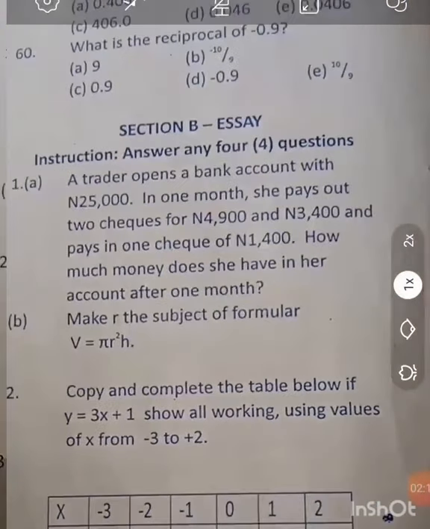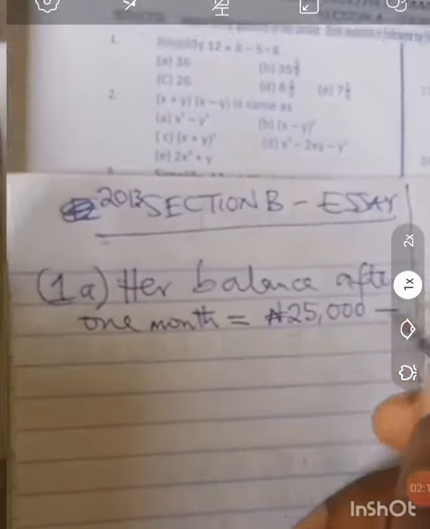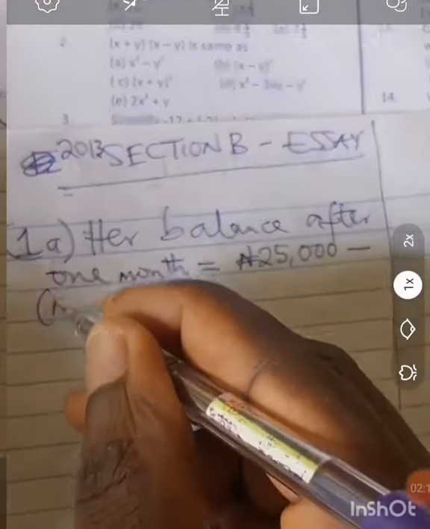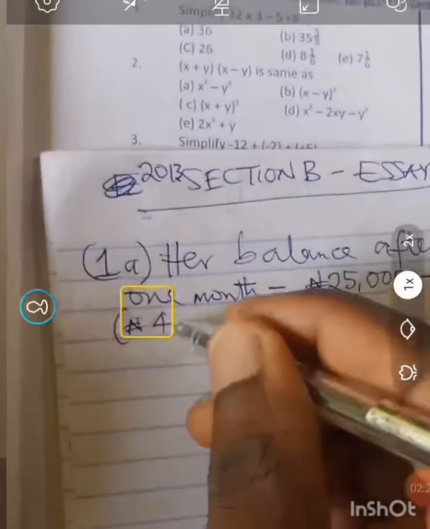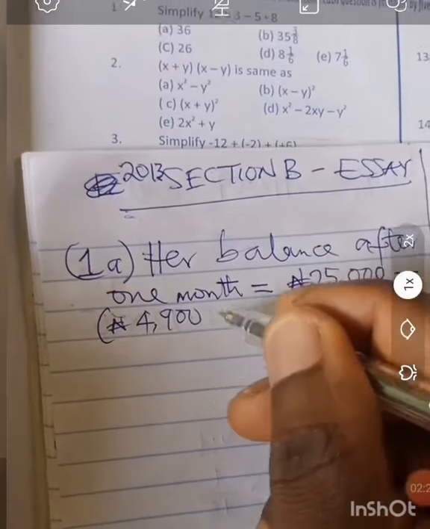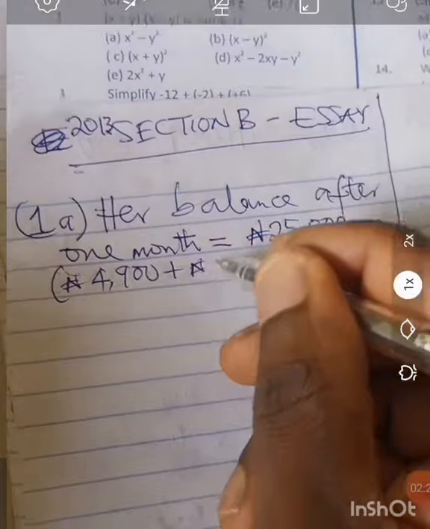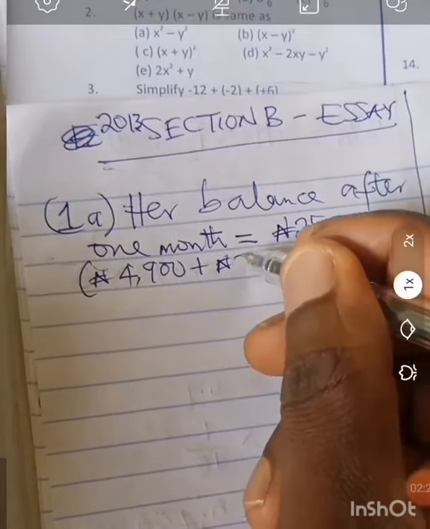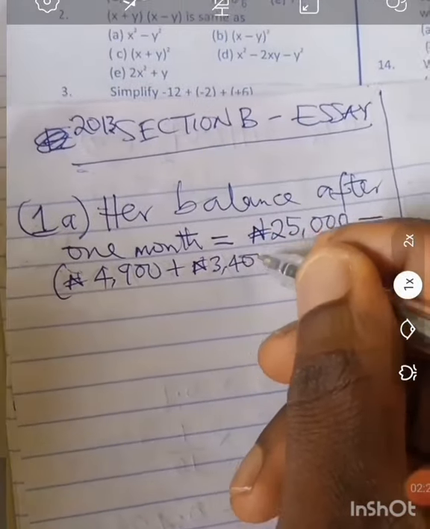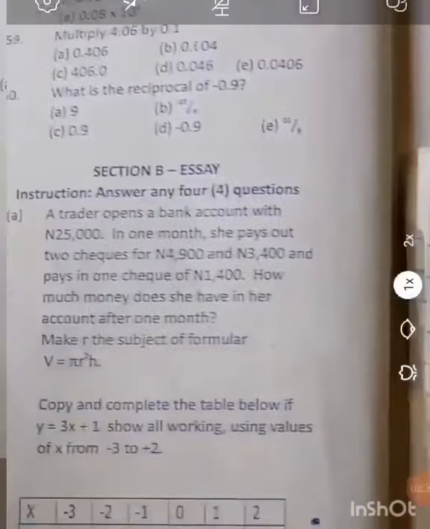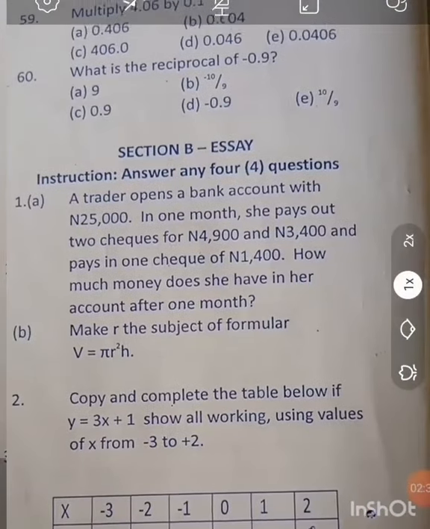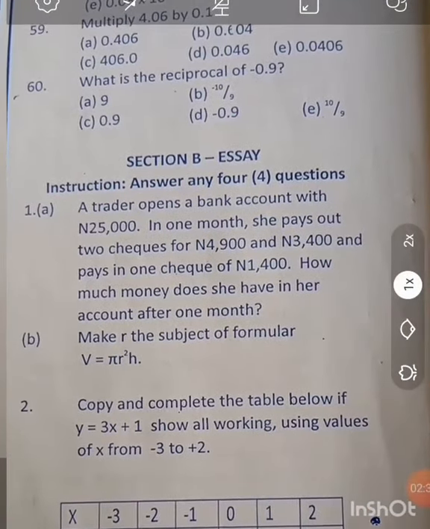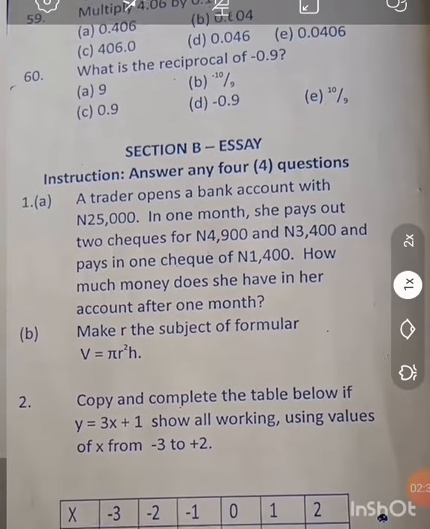So minus the summation of those 2. The first one is 4,900. The second one is 3,400.